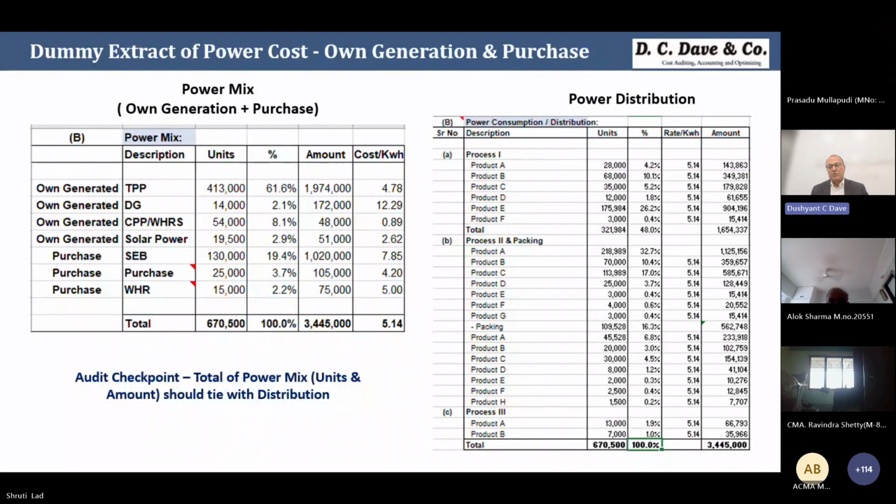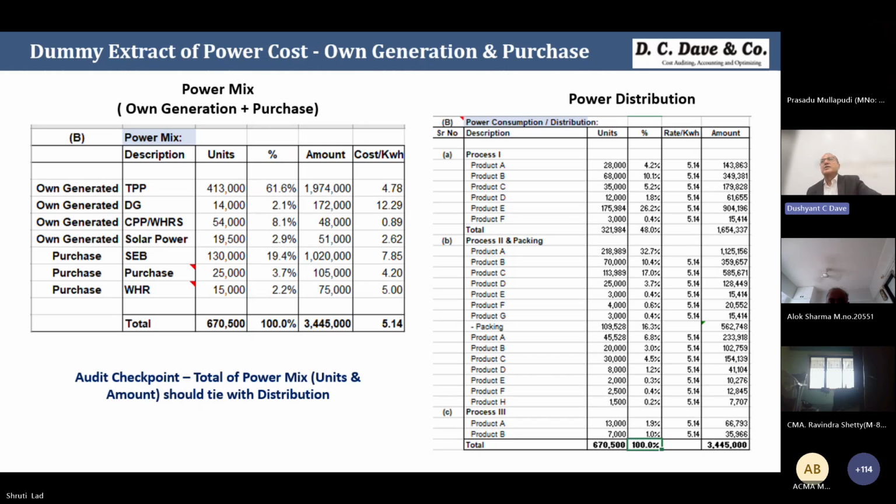Of course, I need not tell you why, because electricity cannot be stored as inventory. It should have been consumed. So it should be loading on the product cost. So to summarize the overall flow, calculate the cost of generated power, calculate the cost of purchased power, combine both, arrive at an average unit, and allocate it among the product.